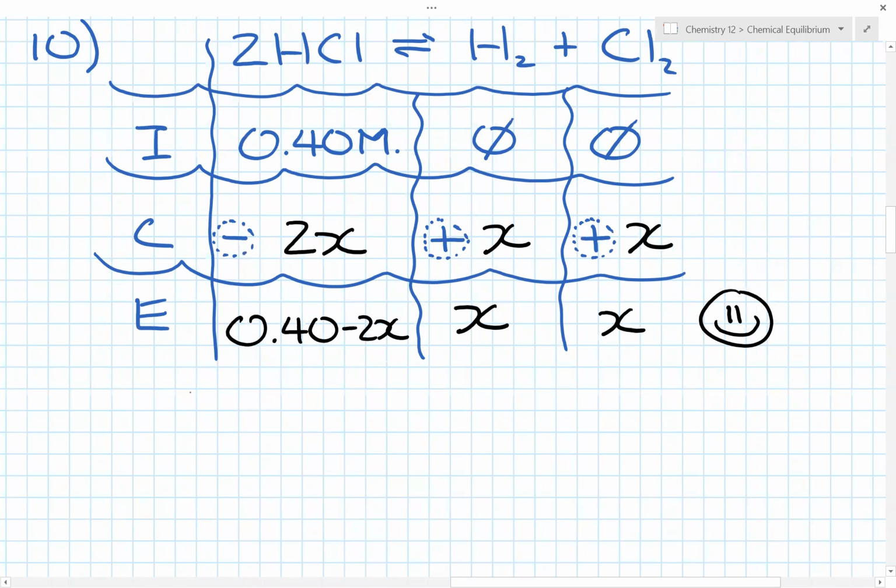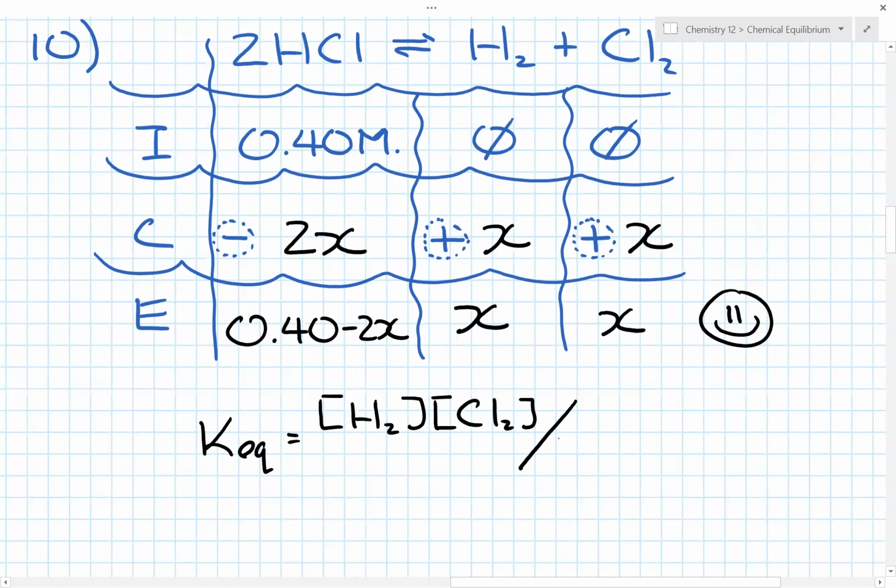Now all we do is we just plug it in. So we go Keq is equal to concentration of H2, concentration of Cl2, divided by concentration of HCl, all squared.